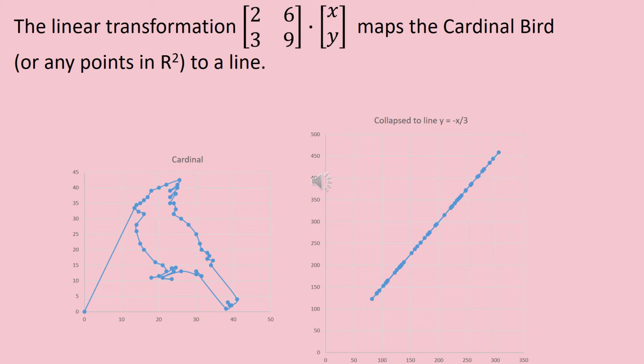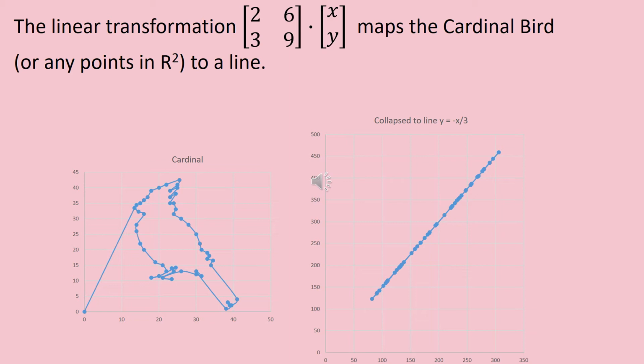Every point on that cardinal bird is mapped to a point on the line y equals negative x over 3. So you had a two-dimensional space collapsing to a one-dimensional space. So the range is just all the points on that line. It looks like a segment here because I only mapped the points on that cardinal bird.